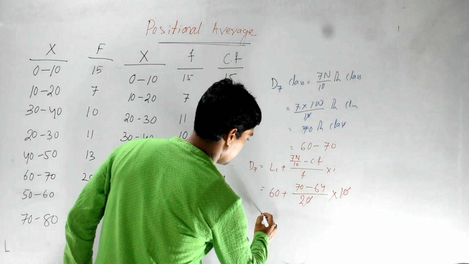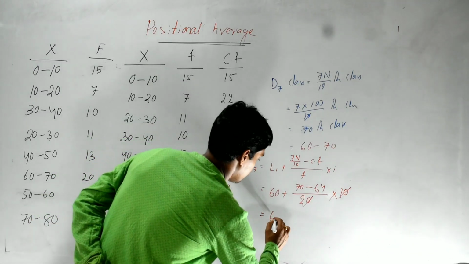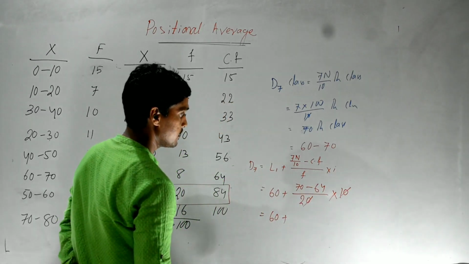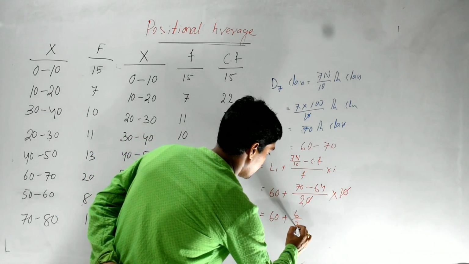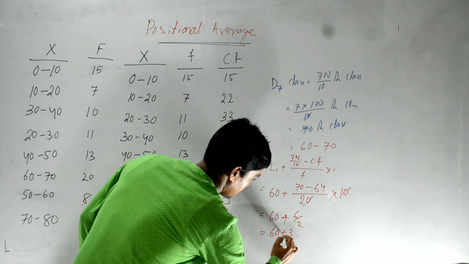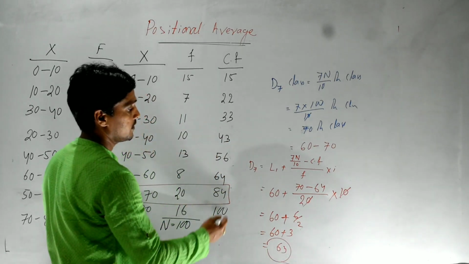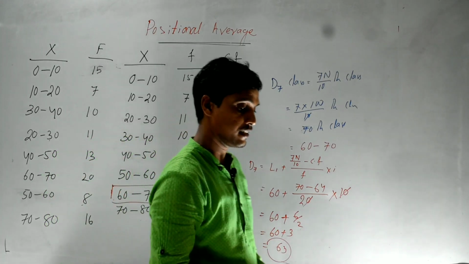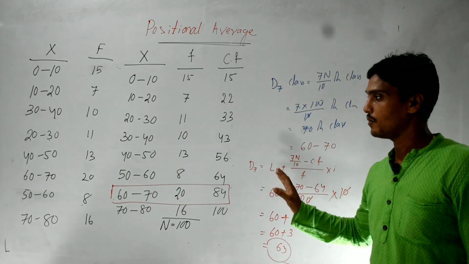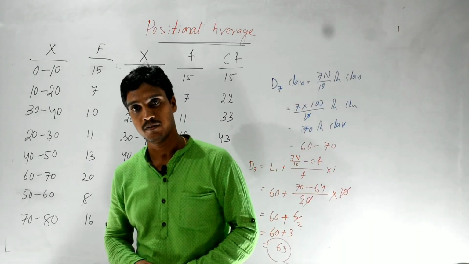So our decile is 60 plus (70 minus 64), that is 6, divided by 2, so 60 plus 3 equals 63. So our D7 value is 63. Similarly, we can calculate any other positional averages. Thank you.